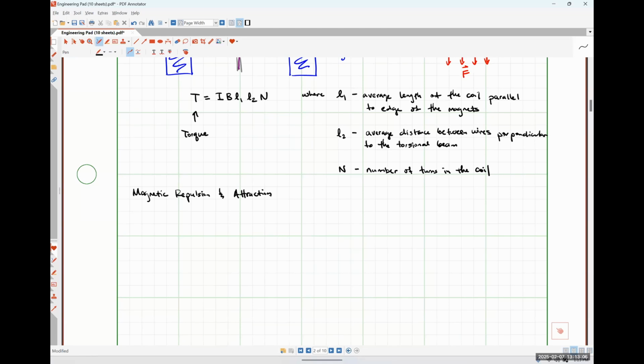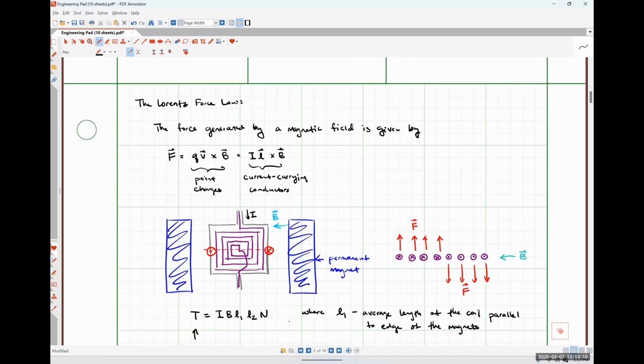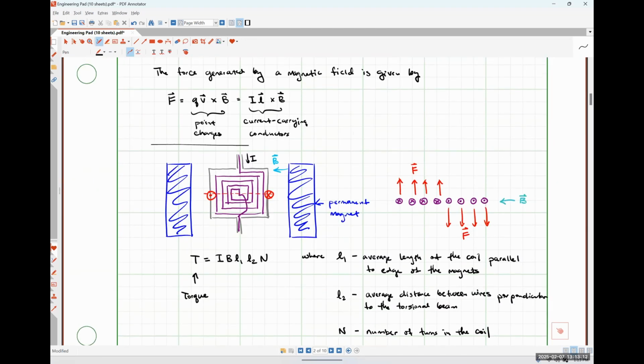Now we're talking about microstructures, right? After the Lorentz force law, now we're talking about actual microstructures.